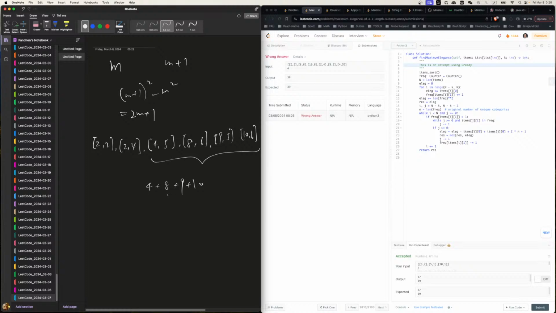That's 12, 21. This is 31, and 5, 6, 5, 6, so plus 4. So that's 35, right? And I say I'm going to replace this. I replace this, I include this as 4. So basically, that's going to be 35 minus 4 plus 2.